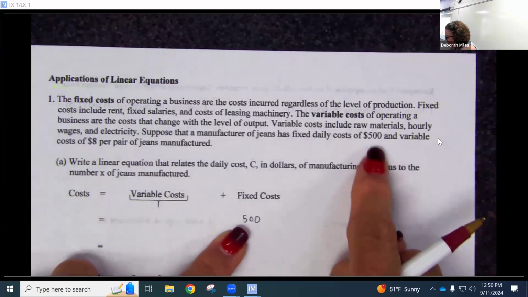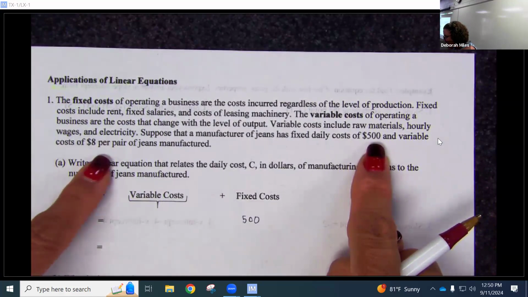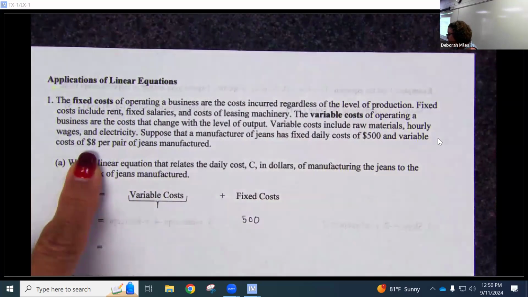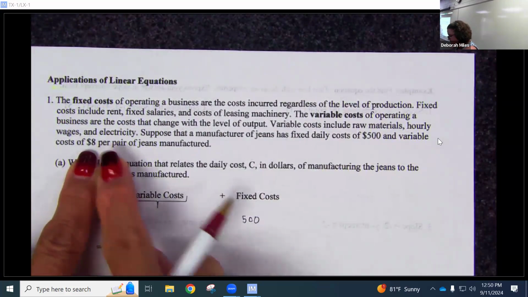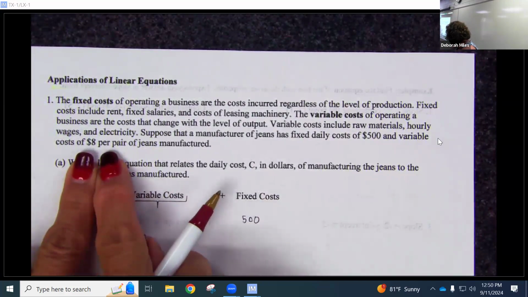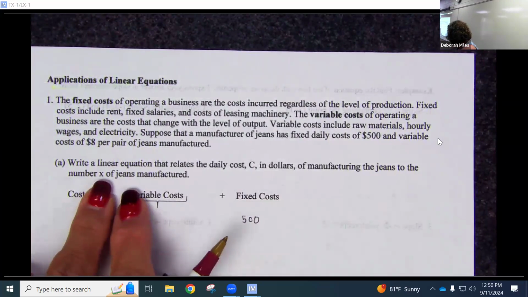And on top of that, the manufacturer's costs are $8 per pair of jeans. So if they make 1 pair of jeans, that's just going to be $508. If they make 2 pairs of jeans, it's going to be $516.